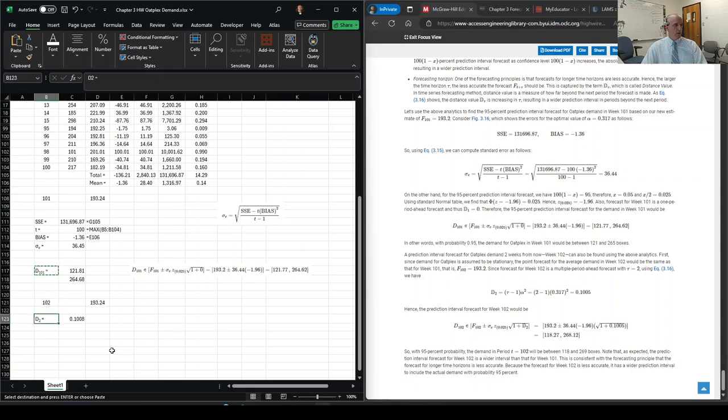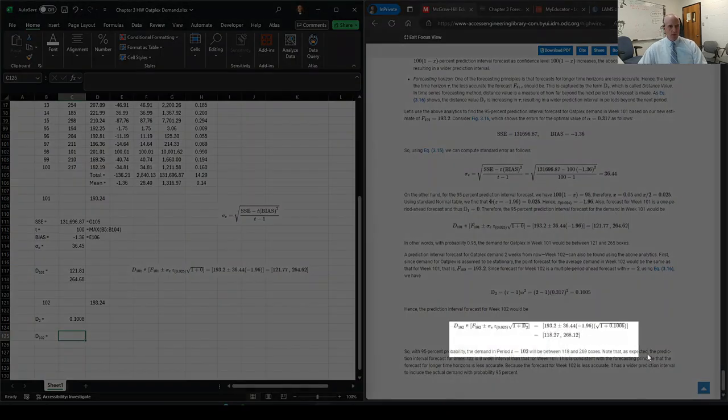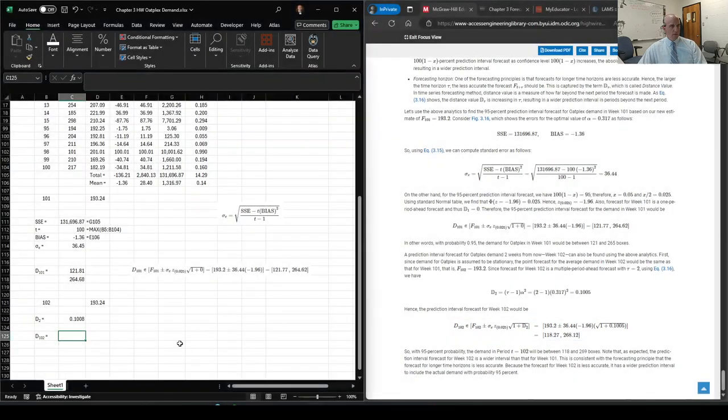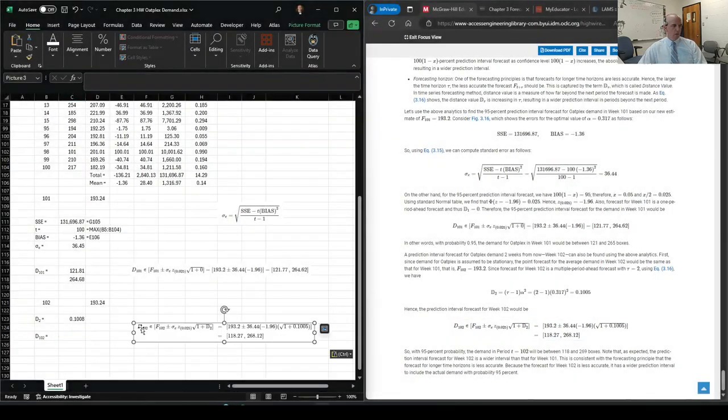Excuse me, the point interval forecast for 102. But we're going to use the same, very similar formula. In fact, I could copy this in here too, if that might be helpful. We're just going to follow along with this formula here, which is we're going to take our point forecast. We're going to add it to our error.